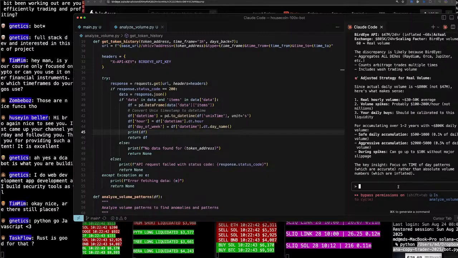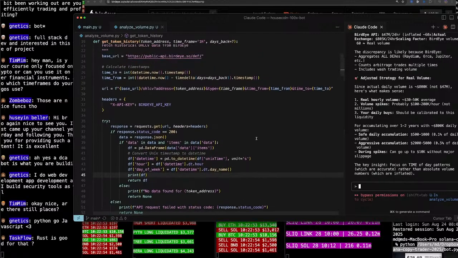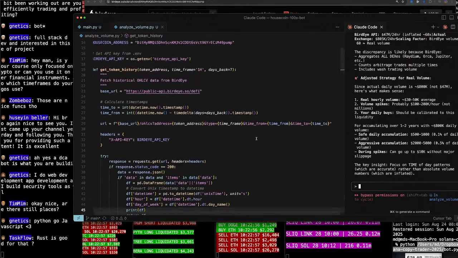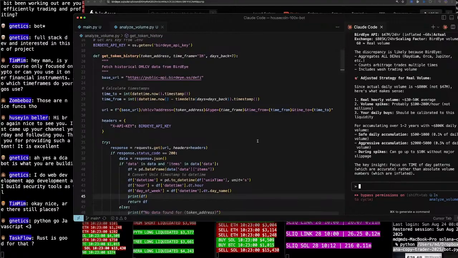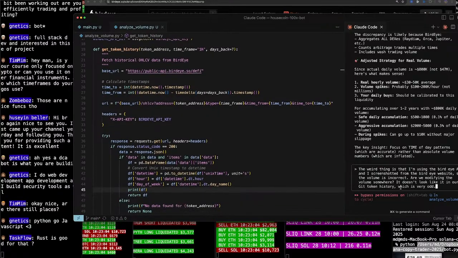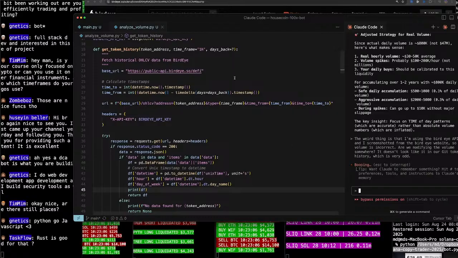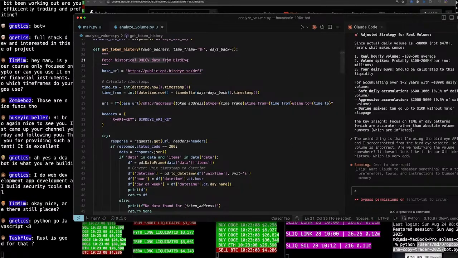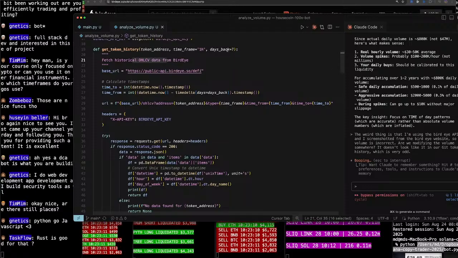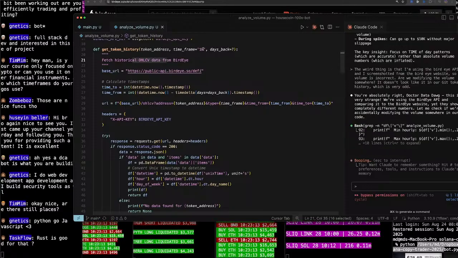The weird thing is that I'm using the Birdeye API and I screenshotted from the Birdeye website. So the volume is incorrect. Are we modifying the volume somewhere? It doesn't look like it in our git token history. That's very odd. Fetch historical open, high, low, close volume data from Birdeye. Okay, 1 hour. You're absolutely right, Dr. Datadog. This is very strange.